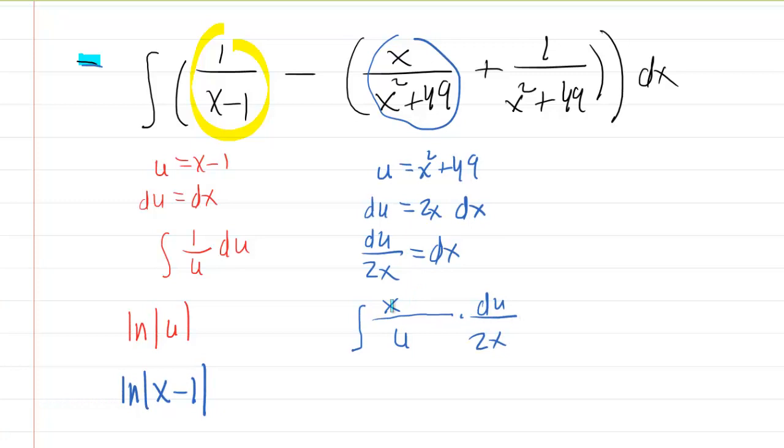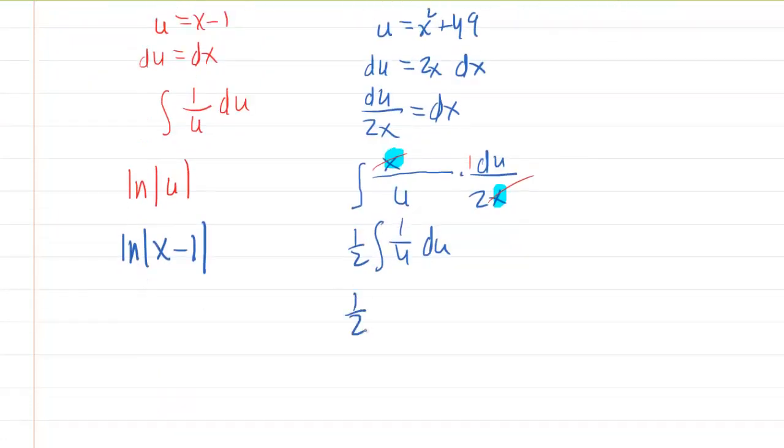What's nice about this is these x's would cancel out. So we'll cancel those. We still have a factor of a half that we can pull out. So now we have 1/2 integral of 1 over u du, which again is just ln of absolute value of u. And then if we put our u back in, we have 1/2 ln absolute value of x squared plus 49. So that one's done as well.